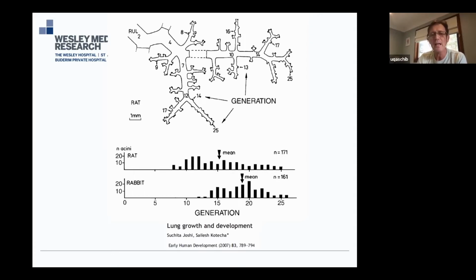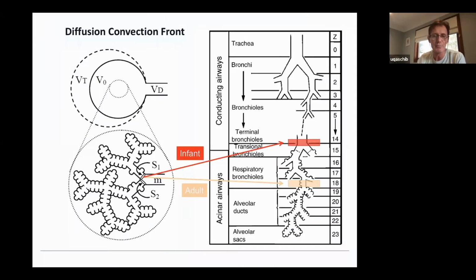So you see that the lung geometry and the diffusion-dependent processes are sort of interlinked. Depending on your geometry or anatomy, you benefit more from diffusion-dependent processes, whereas adults probably do not benefit from high-frequency oscillation as much.